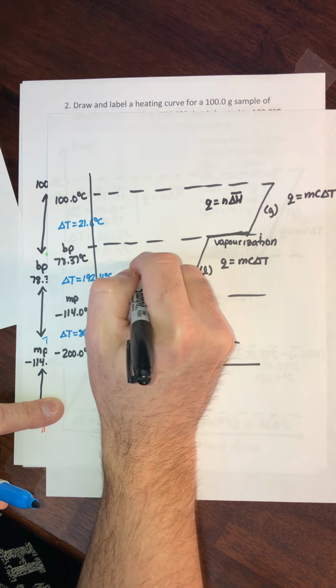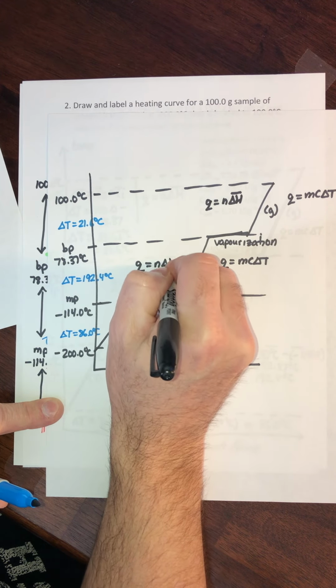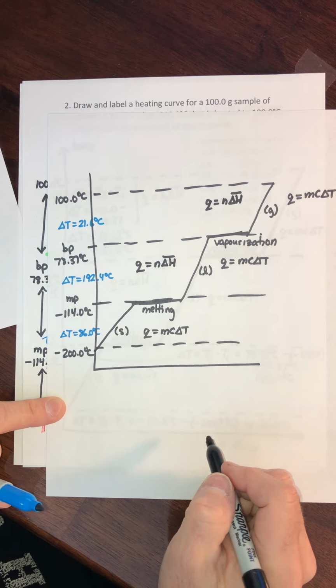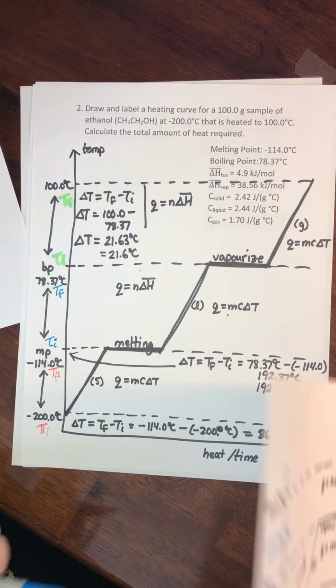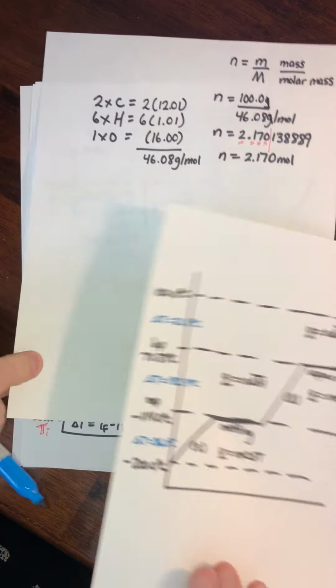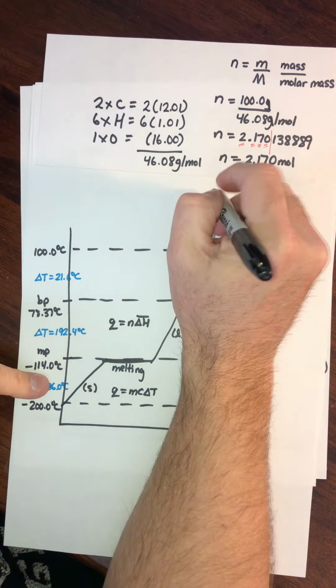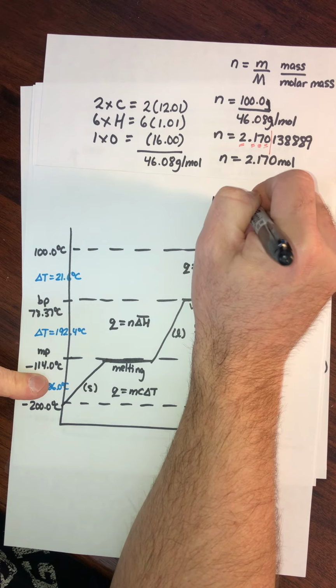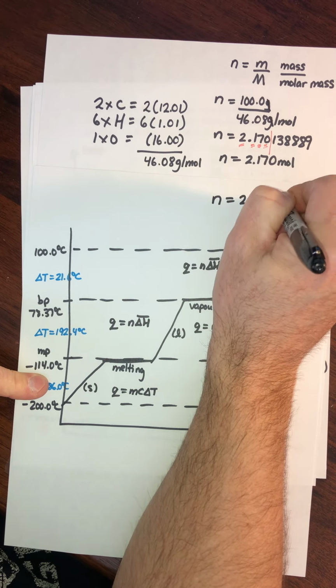And for melting, we've got Q equals n delta H bar. Okay, so all I've done is take all of my formulas and re-pull them out. And let's pull out my moles. So I know that my moles would be 2.170 moles.